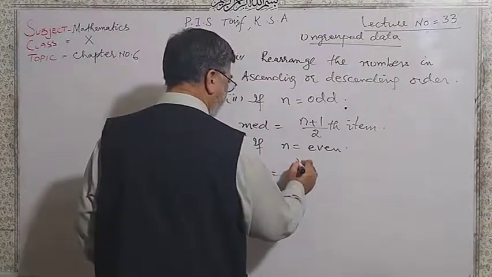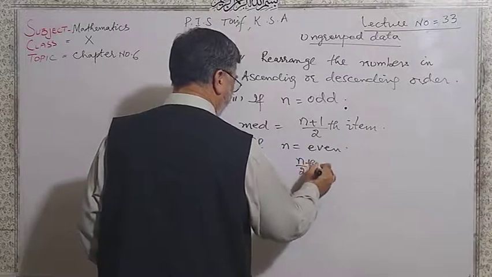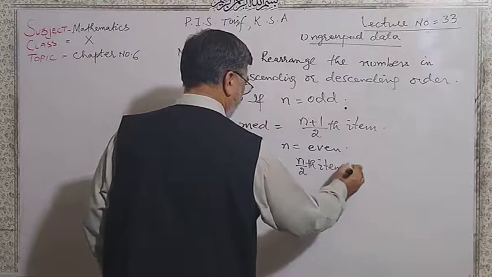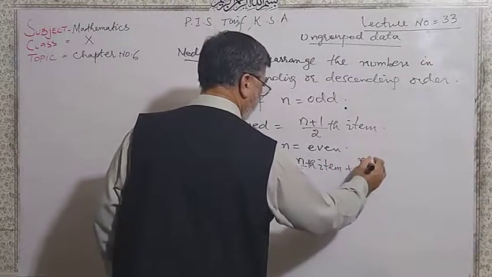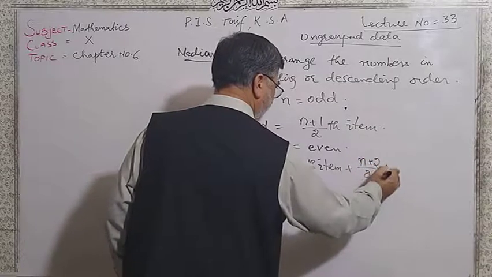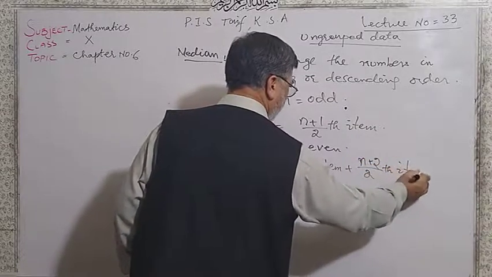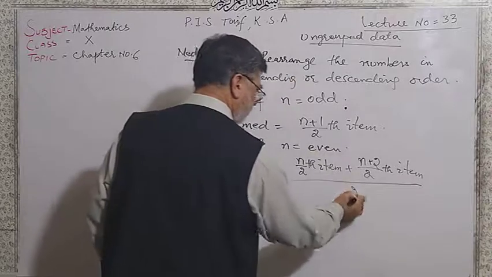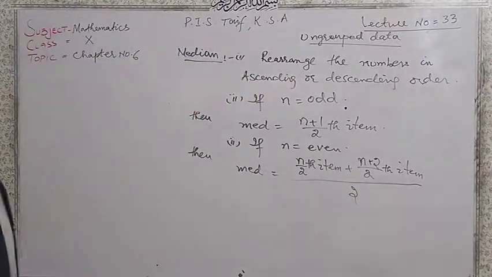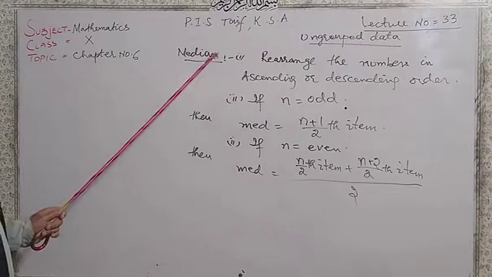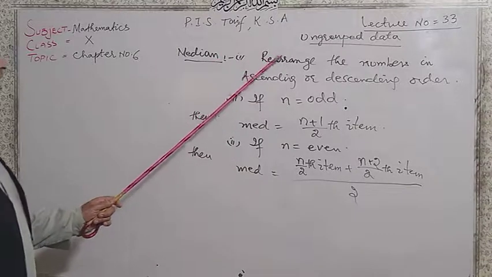It will be median is equal to (n over 2th item plus (n plus 2) over 2th item) whole divided by 2.